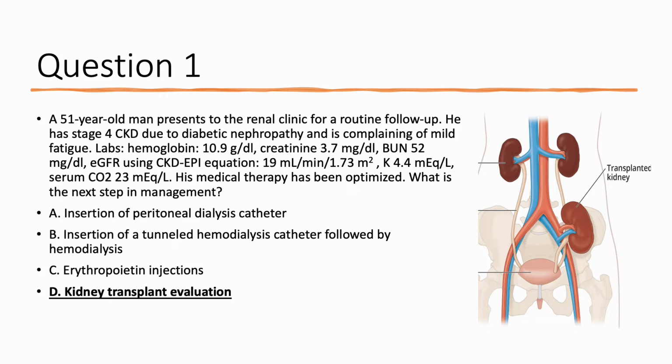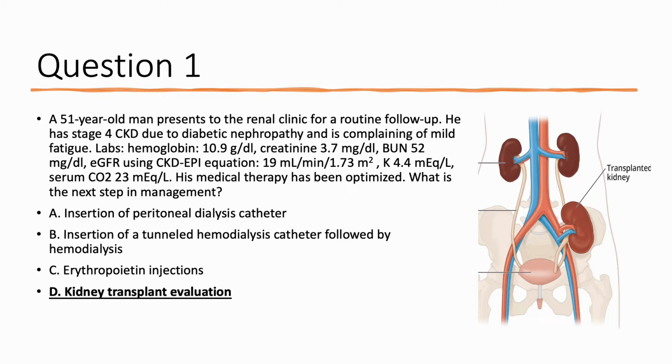Another good option would have been, if he wants hemodialysis, to refer for vascular access. This is based on his eGFR below 20, so this is a good time to refer for vascular access if he wants hemodialysis.